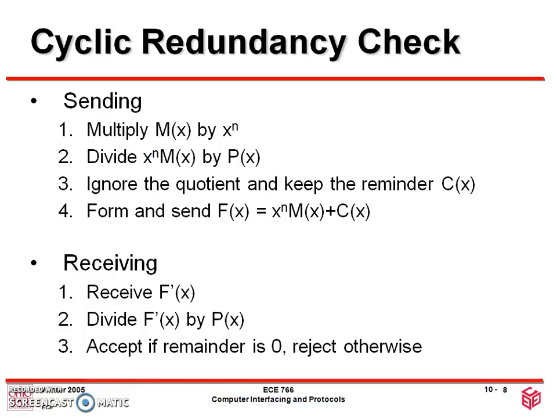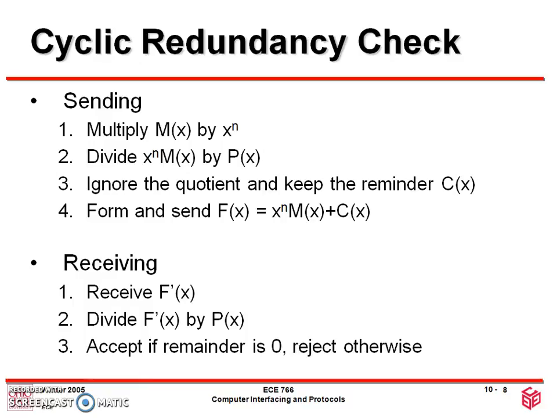Third, ignore the quotient and keep the remainder c of x after the second step. Fourth, form and send f of x equal to x to the power of n into m of x plus c of x. That means we add the remainder to the polynomial obtained in the first step.